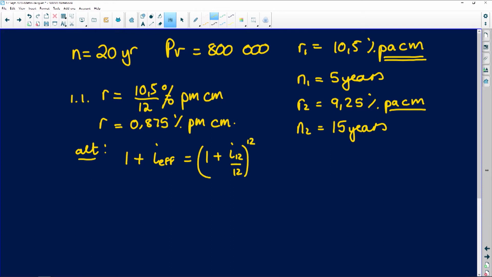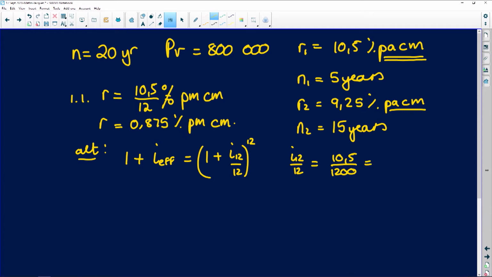Okay, now what does this mean? I put my I12 in here. Now remember, your I12 over 12 will be the 10.5 that you have over there divided by 1200.